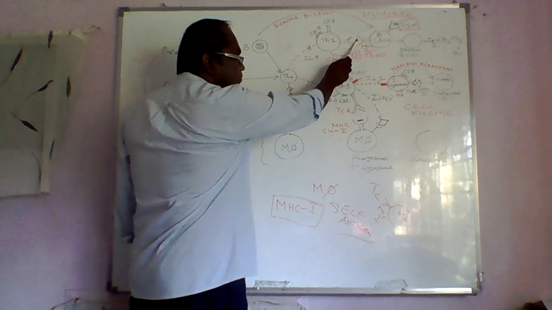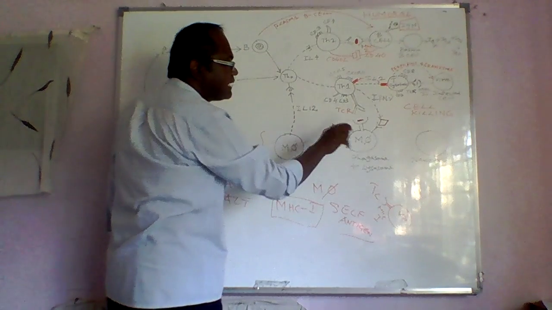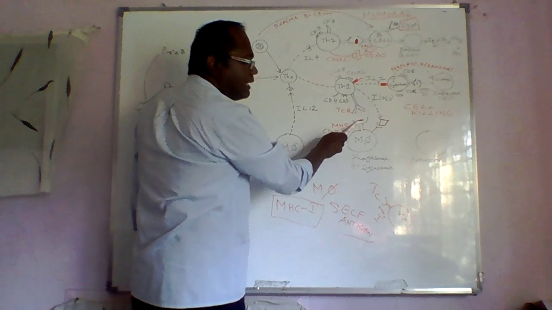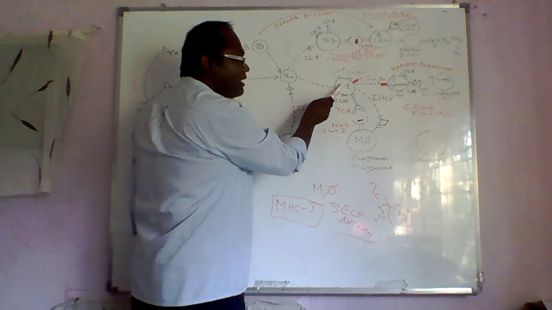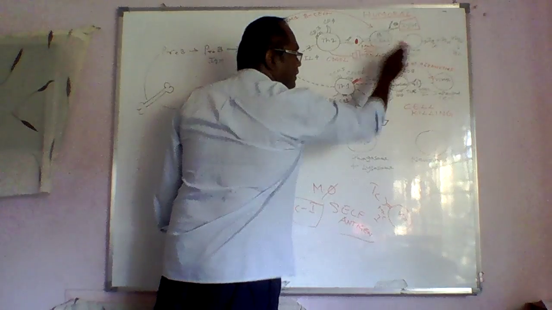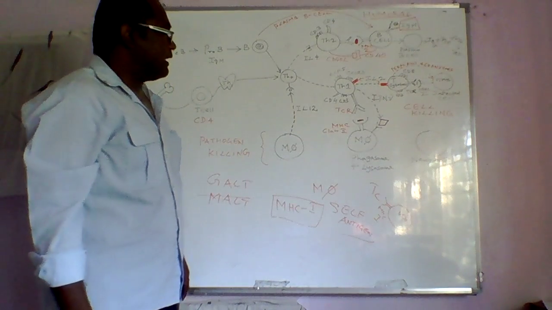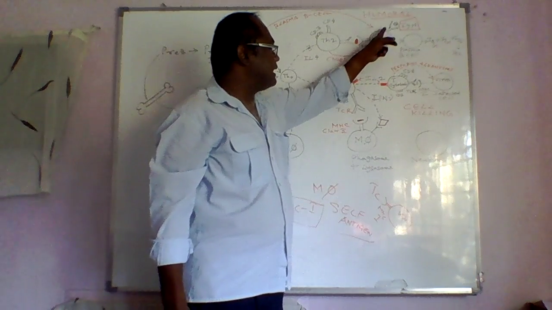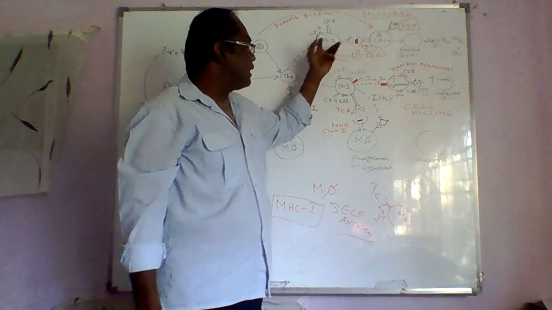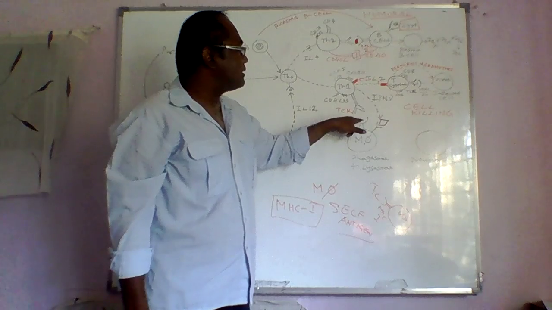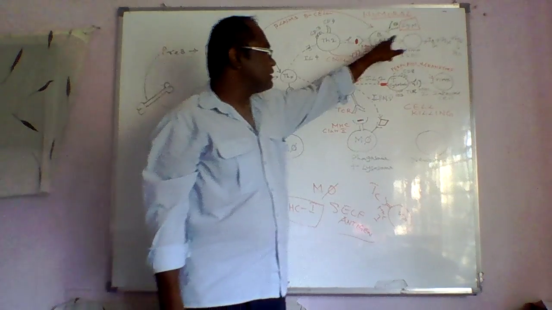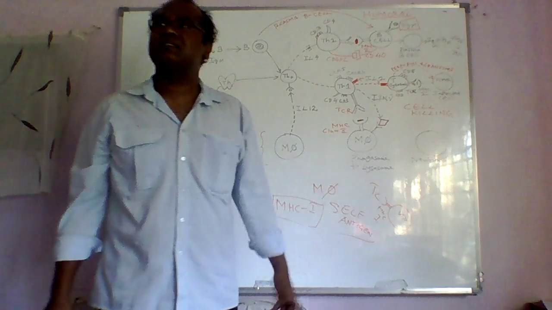This antigen which is present here must be the same antigen that is presented by the macrophage and recognized by the Th1. That is the only time this B cell will ever make antibodies. If this B cell is not taking in any antigen and presenting it to have these matching receptors, and this is not the same as that, then this B cell is not going to make antibodies.